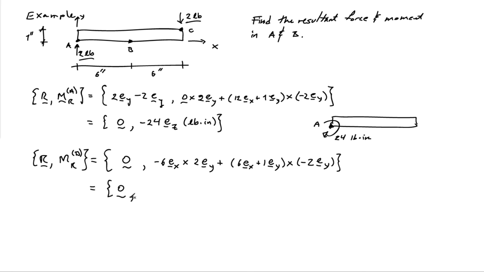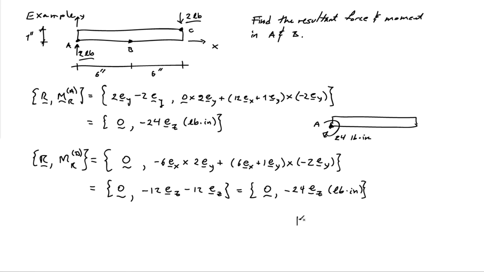So the cross product out of the first term is going to give me a minus 12 EZ, and the cross product from the second term is also going to give me a minus 12 EZ. So altogether, I'm going to have 0 force and minus 24 EZ pound inches. It's important to keep track of the units.